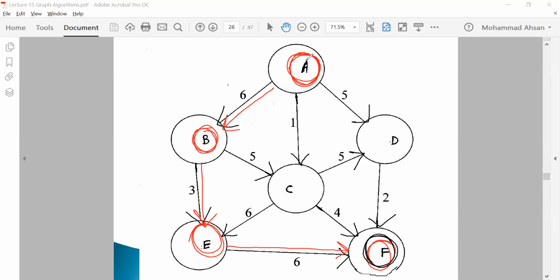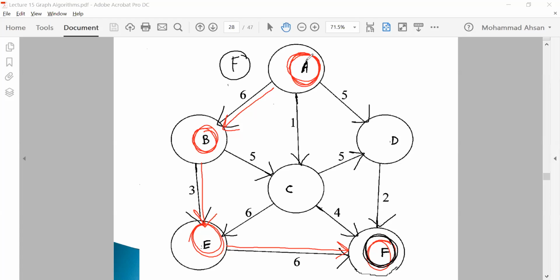So F becomes black, and I put F at the beginning of a linked list. The linked list currently is empty. So let me put it a bit on the right here so that I can draw on the same screen. So this is my linked list, and I put F in that.